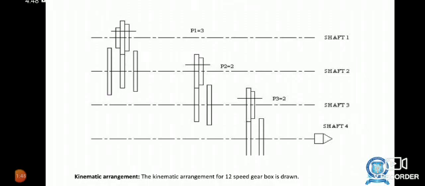This is the kinematic arrangement: shaft 1 with P1, 3 gears; shaft 2 with P2, 2 gears; shaft 3, 3 gears; shaft 4 is the output shaft.